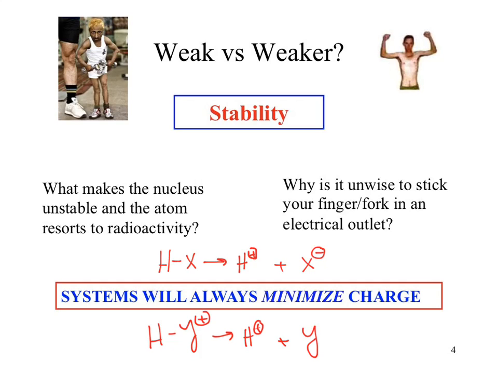Okay. And I picked this to say, as a first approximation, we might suggest that HY plus is more acidic than HX. That's because when we look at the products, when we look at how those two species act as acids, they both generate H plus, which means they're both generating some kind of acid.